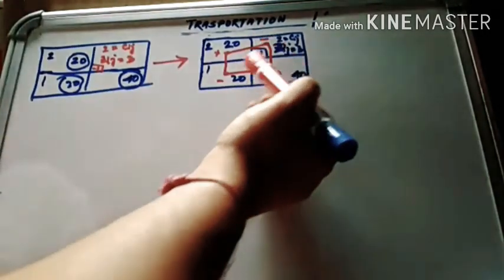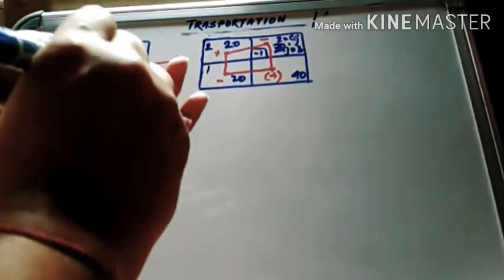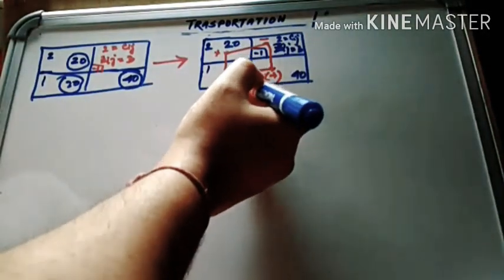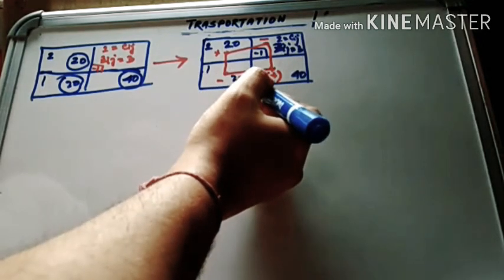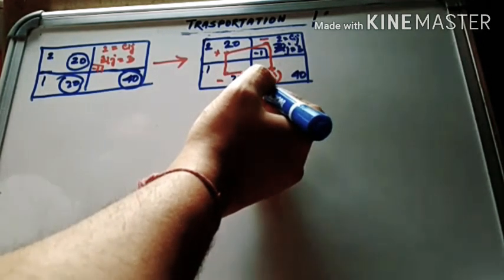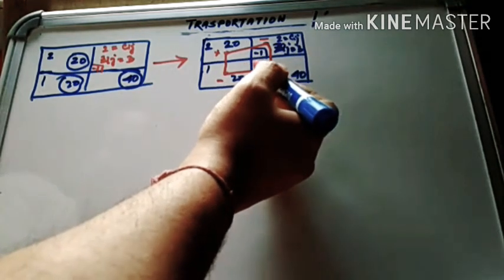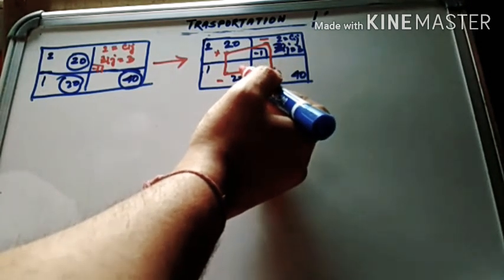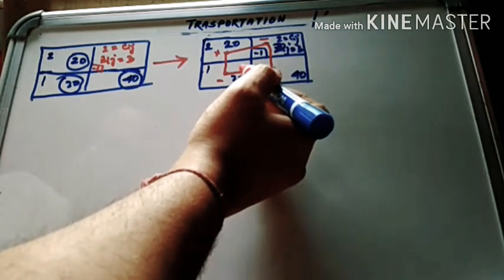So this one is minus 20, this is minus 40. So the least one is minus 20, so we have to select this one. And the next step is, in the above matrix, 20 and 40 are the negatively allocated cell values, and the least one is 20, which needs to be added.